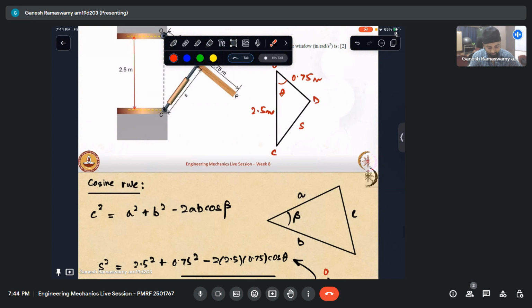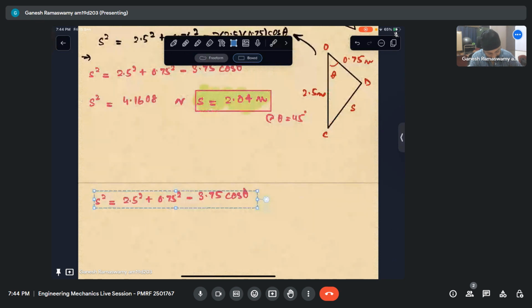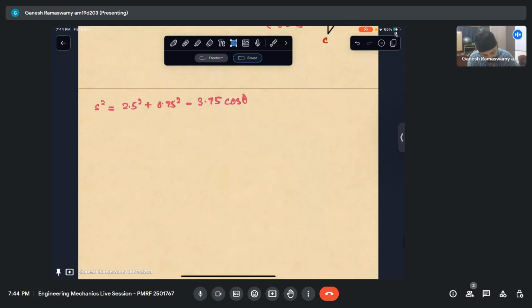So I have this as my cosine rule. When I differentiate this, this will give me 2s into s dot. So I hope that is clear. 2s into s dot is equal to, these are constant values. They have no derivatives.